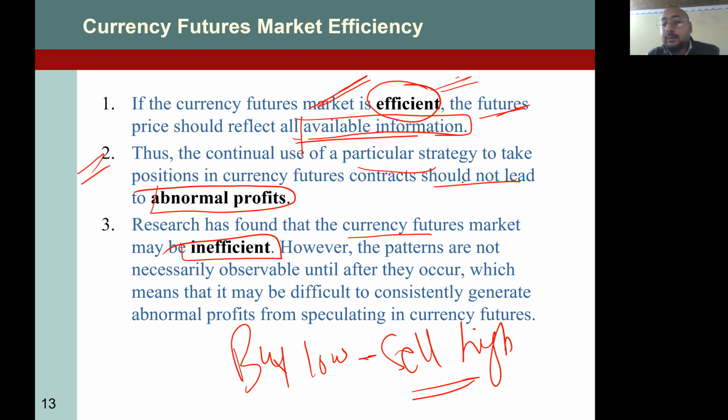And what happens when others discover this kind of loophole, they also start doing this. So that ultimately leads to efficiency. So when everybody is exploiting this strategy, then no single strategy is going to give you benefit or profit for an unlimited time frame. However, the patterns are not necessarily observable until they occur.